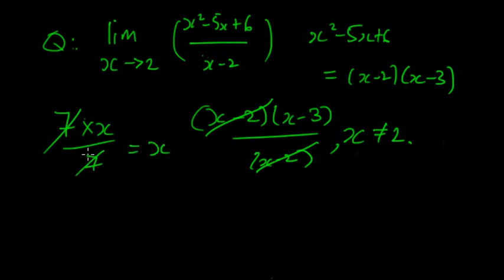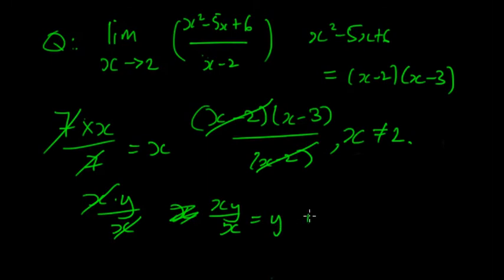But that's fine, because 7 never equals 0. But if you have x times y over x, and you cancel the x's, then you have to say that x times y over x is equal to y when x does not equal 0. Because when x does equal 0, the function is undefined. So that's a really important note to make.